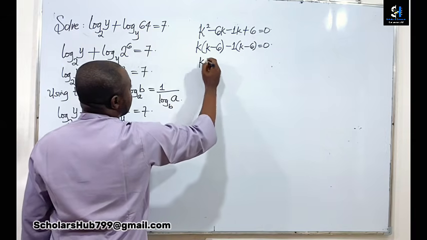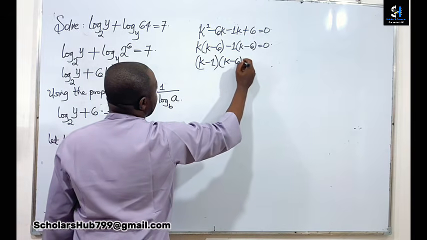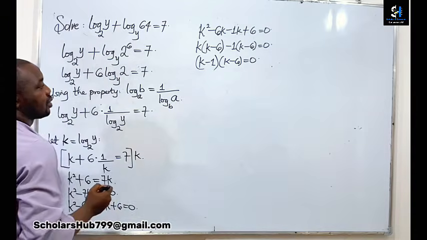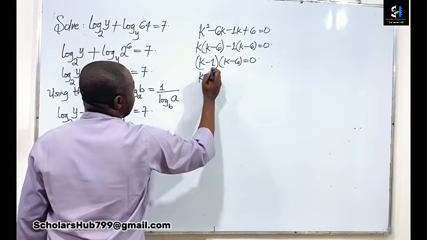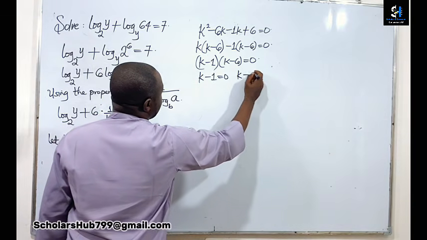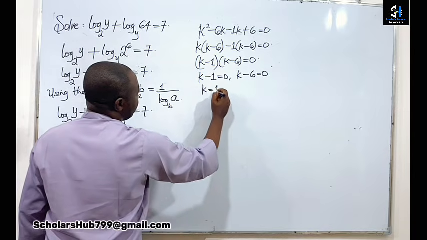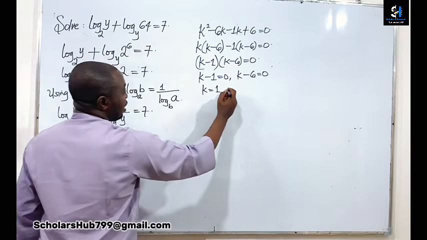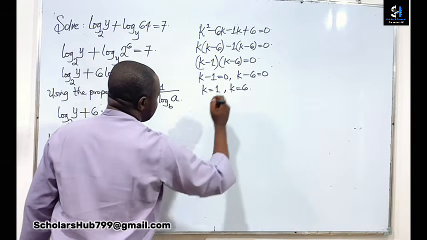So this will be the product of k minus 1 and k minus 6, which means k minus 1 equals 0, and also k minus 6 equals 0. So the first value of k is 1, and the second value of k is 6.